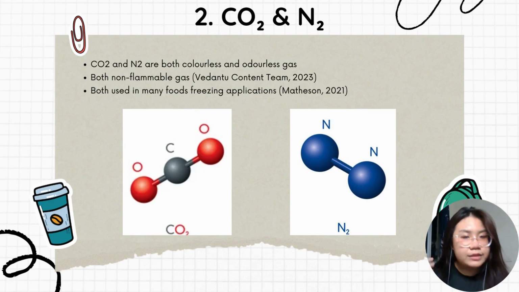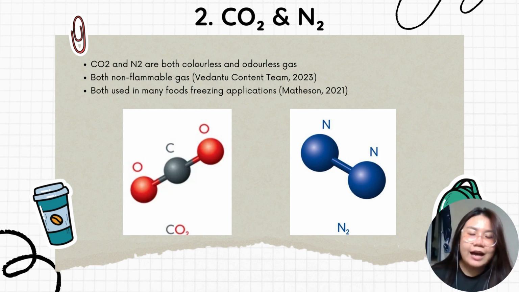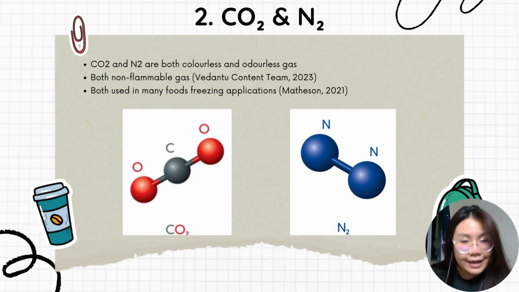In this experiment, CO2, carbon dioxide, and N2, nitrogen gas, are used. CO2 and N2 are both colorless and odorless gases, and both are non-flammable, which is safe to use in the experiment. Apart from that, CO2 and N2 are widely used in many food freezing applications.